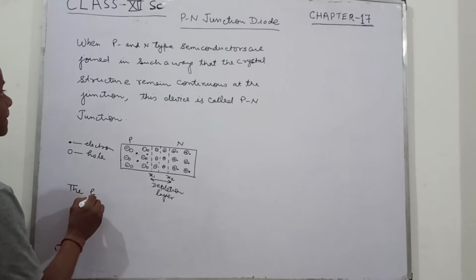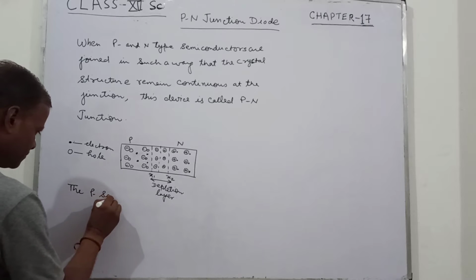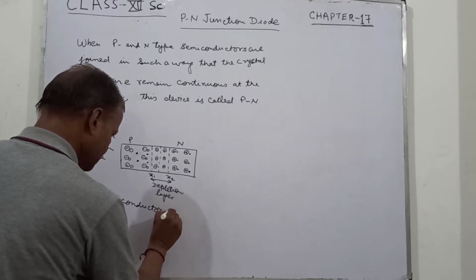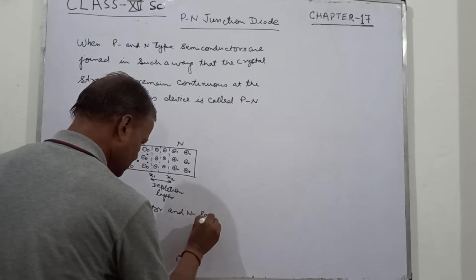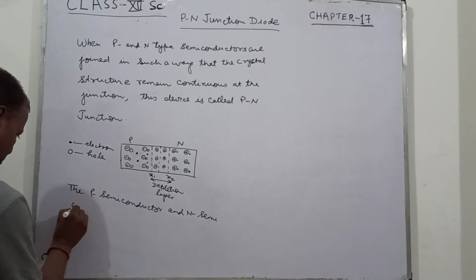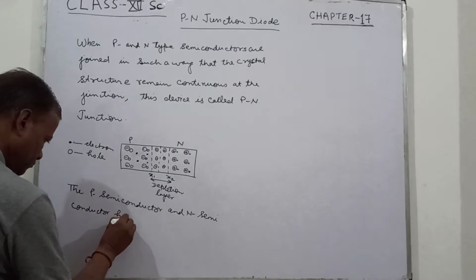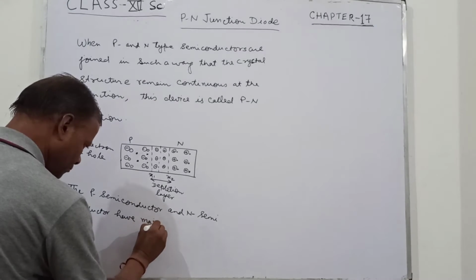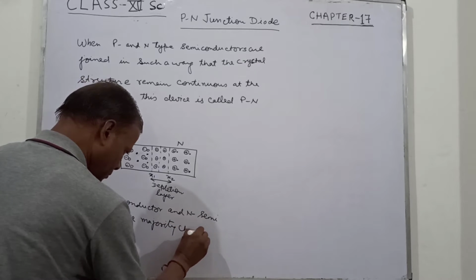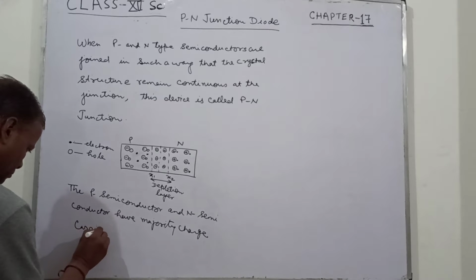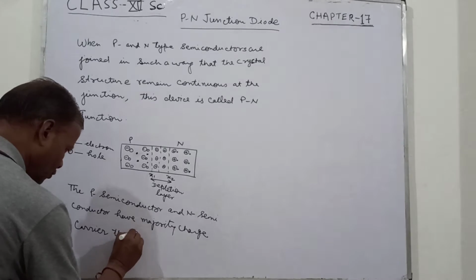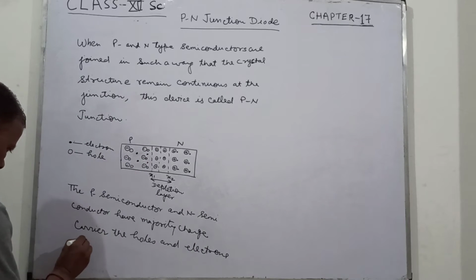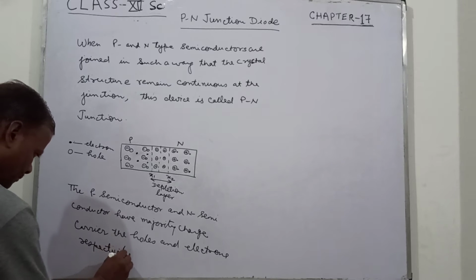The P semiconductor and N semiconductor have majority charge carriers, the holes and electrons respectively.